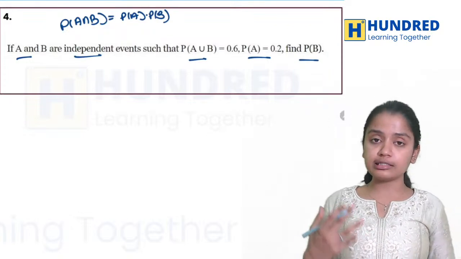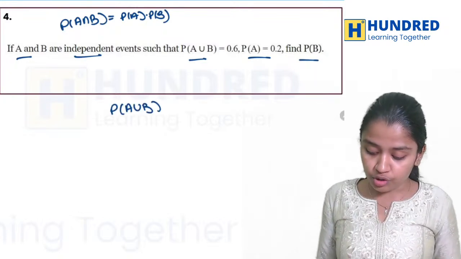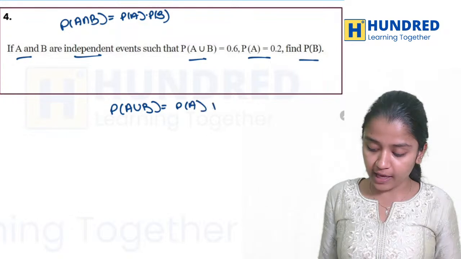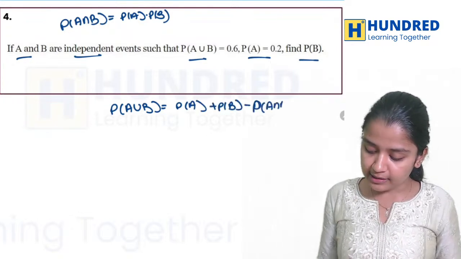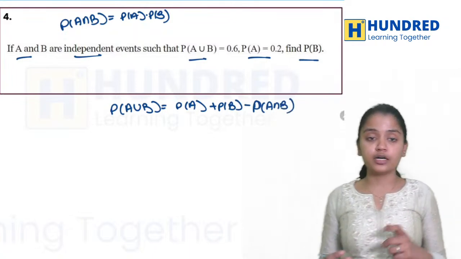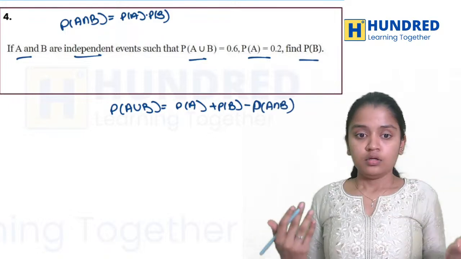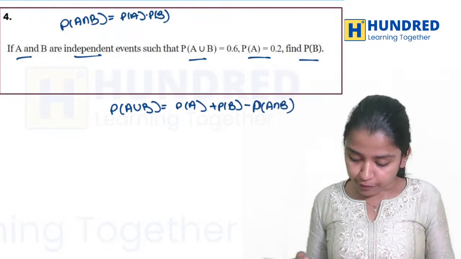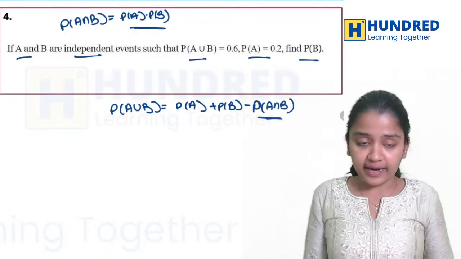You would have learned it in class 11. P of A union B is nothing but P of A plus P of B minus P of A intersection B. This is what you learned in class 11, basic properties, right? So from this, instead of this one, what can I write? I can write this one, right?